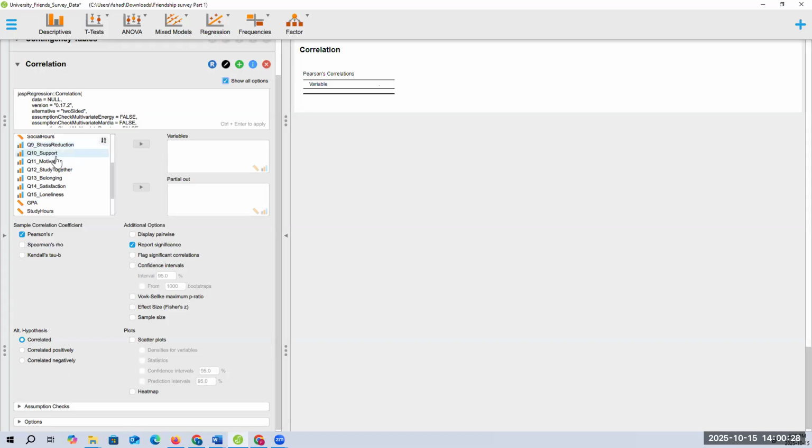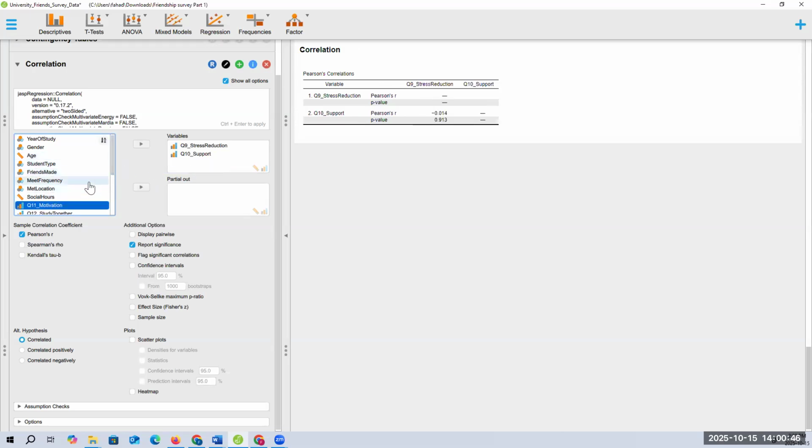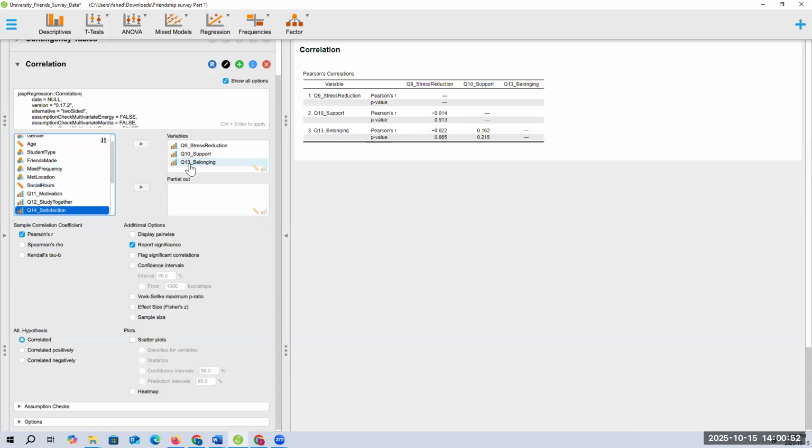So we have social hours, question 9. Then stress reduction, and support as another variable. Then belonging, question 13, and satisfaction.